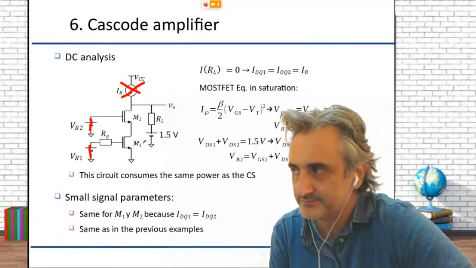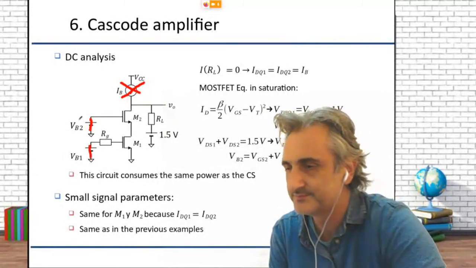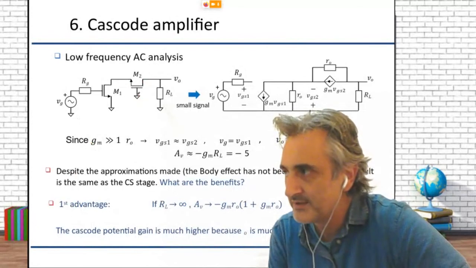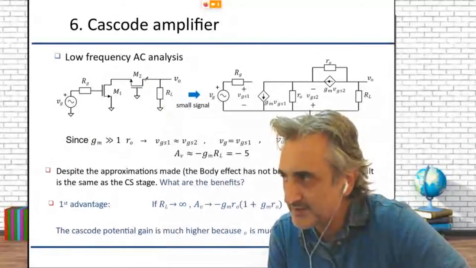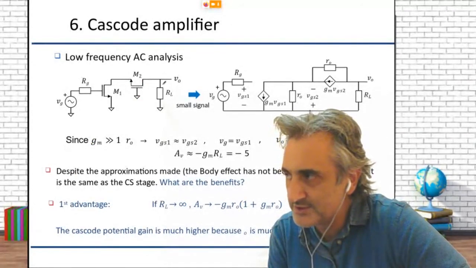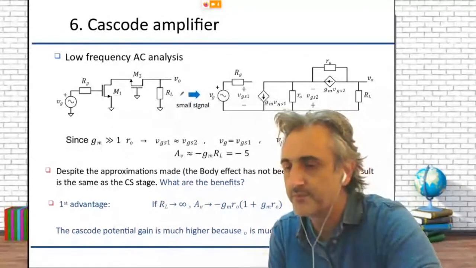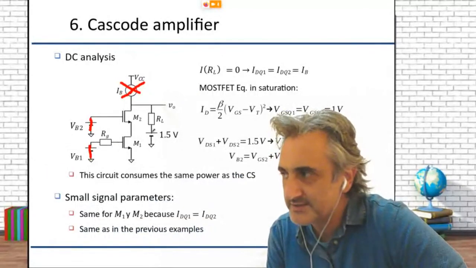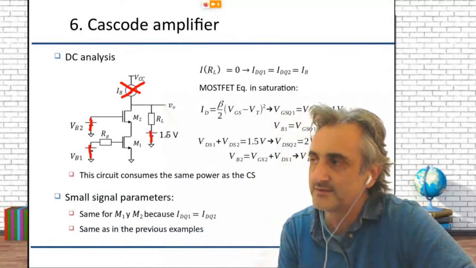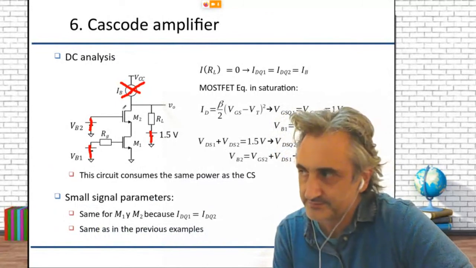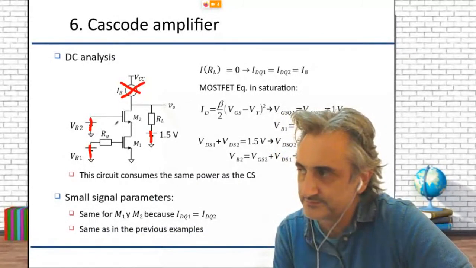So M2 has the gate connected to 0, and the drain is connected to the output voltage, which is connected only to the output resistance, which is also connected to 0.